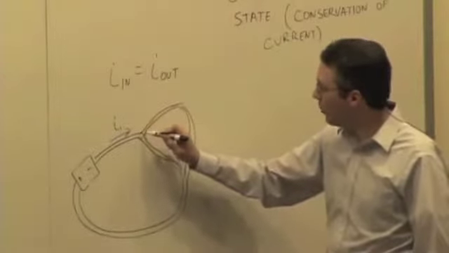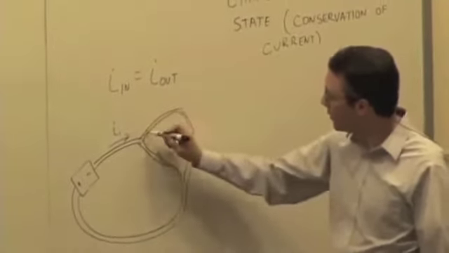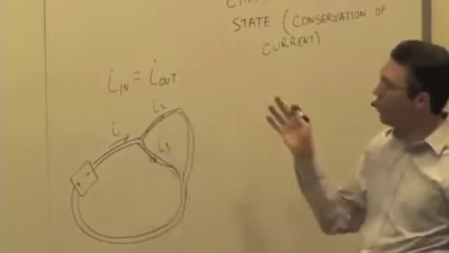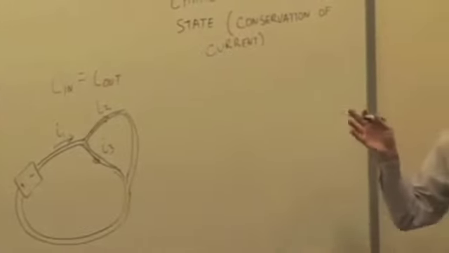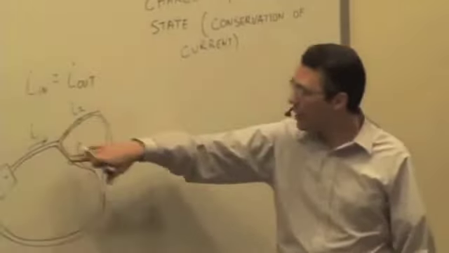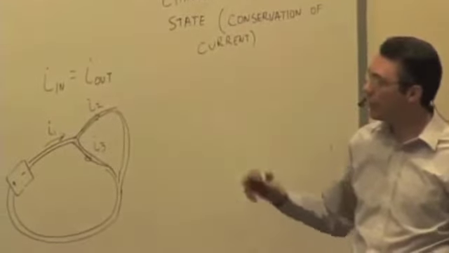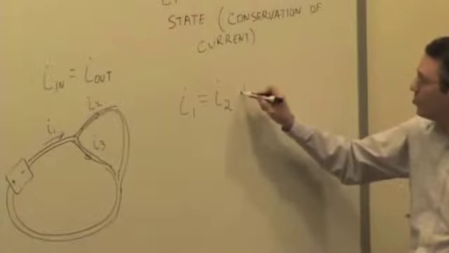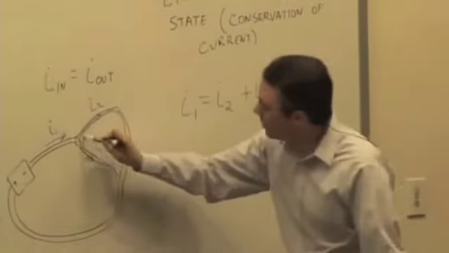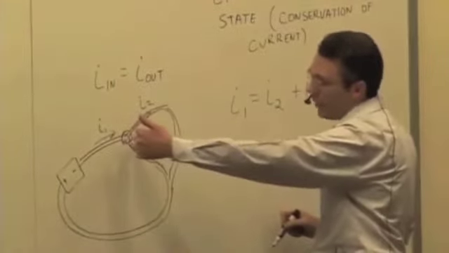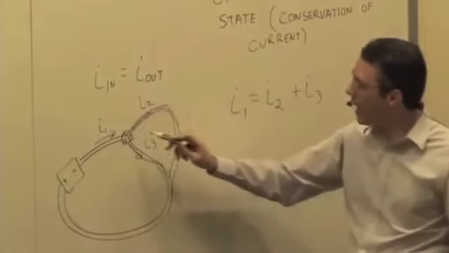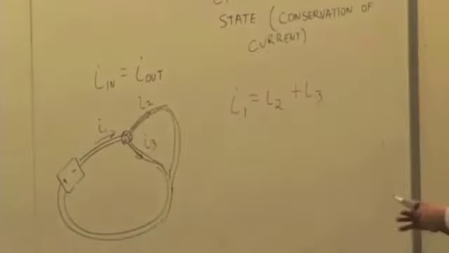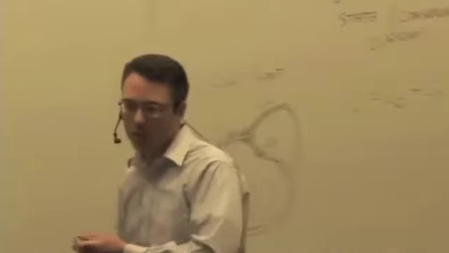And then here's a spot where you have two branches in the circuit, I2 and I3. By the node rule, what has to be true about the relationship between these three currents? I1 is equal to I2 plus I3, right? Pick that as the node. The total number of electrons flowing in has got to be equal to the total number of electrons flowing out per second. I2 plus I3 is the total current out. I1 is the total current in. So it works in more complicated situations as well.